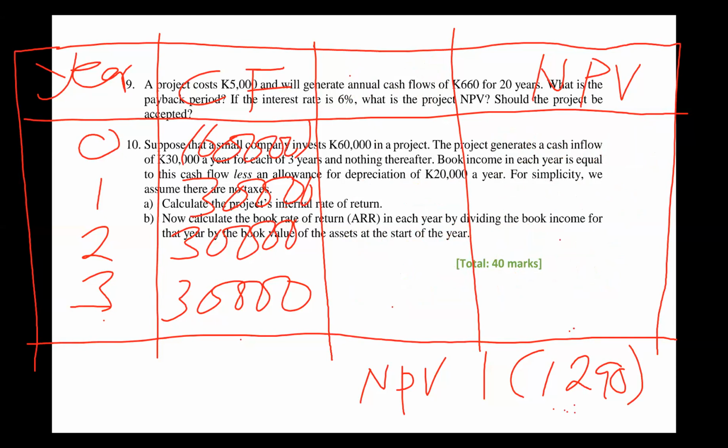At 15, we found a very big negative NPV. But at 17 we found a big positive number. Let's try 20. Yes, let's try at 20.